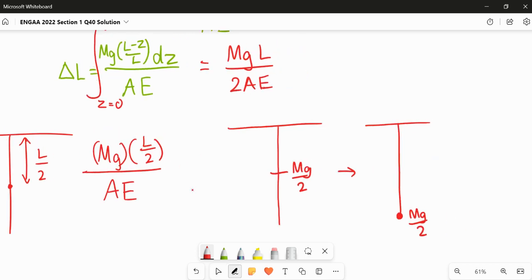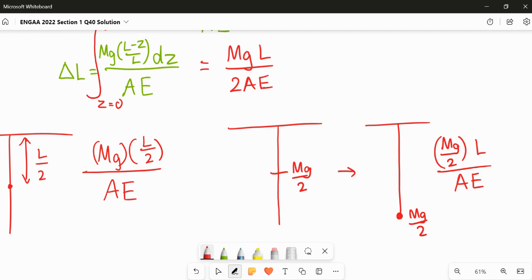So this interpretation is mg over 2 times the whole length L over AE. And these two interpretations are equivalent. So you could either look at it the center of mass way, or you could think of the average force in the rope and then consider that the whole rope has an average force through it of mg over 2.